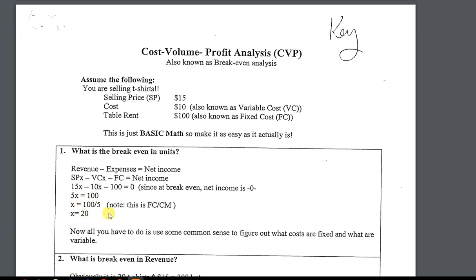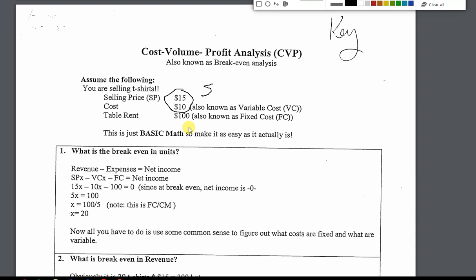I also want you to know a shortcut way is this formula right here, and this is pretty important. Selling price minus variable cost is called contribution margin. It's called contribution margin because $5 of the selling price contributes towards covering fixed costs and contributes towards profit eventually.